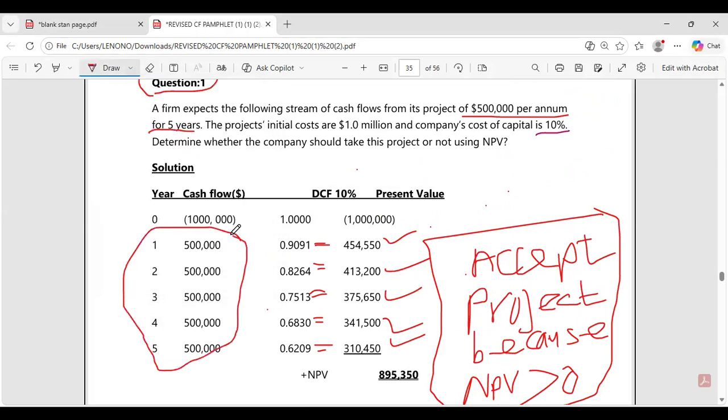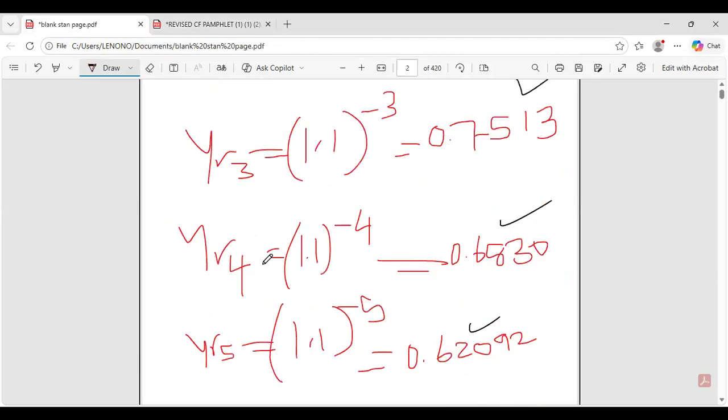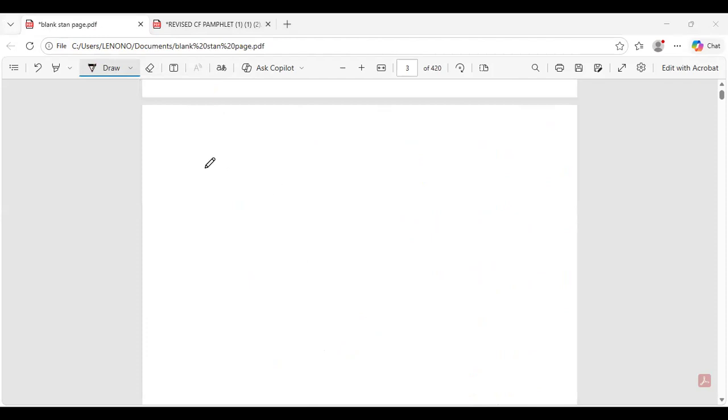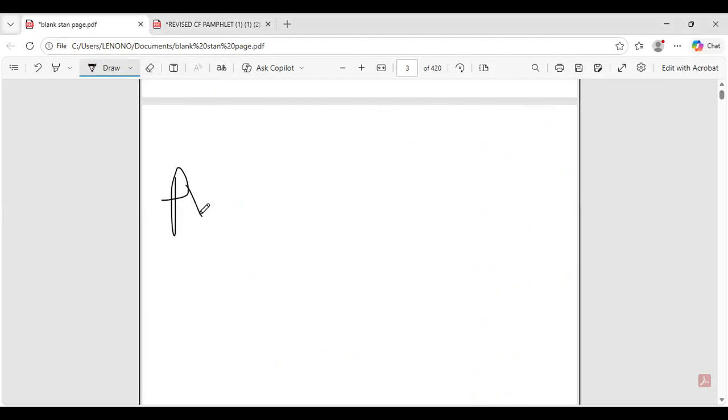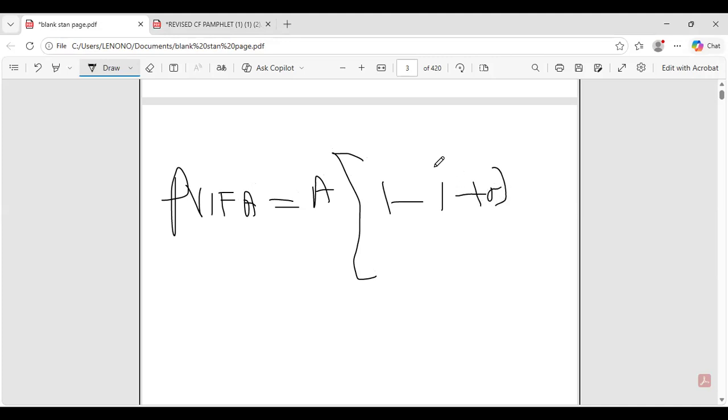So the present value interest factor annuity is equal to the amount, then 1 minus 1 plus r to the power negative n, over r.